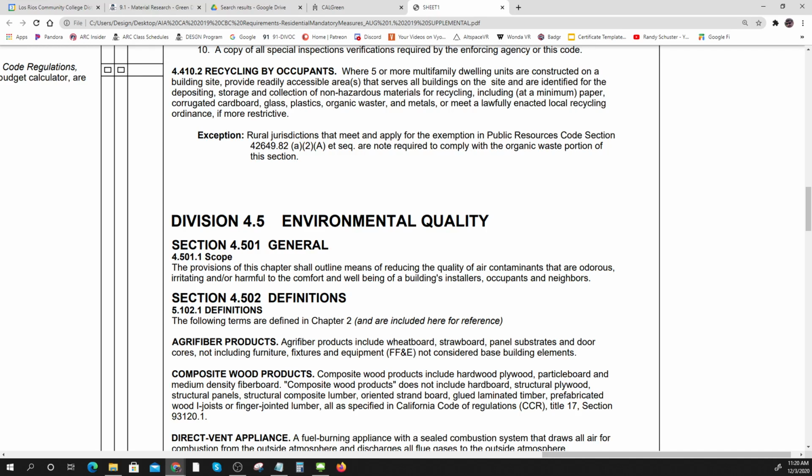Now, I will tell you, I have a relative who belongs to the AIA, was actually the president of AIA San Francisco, has written a book on sustainable design. She is an architect.